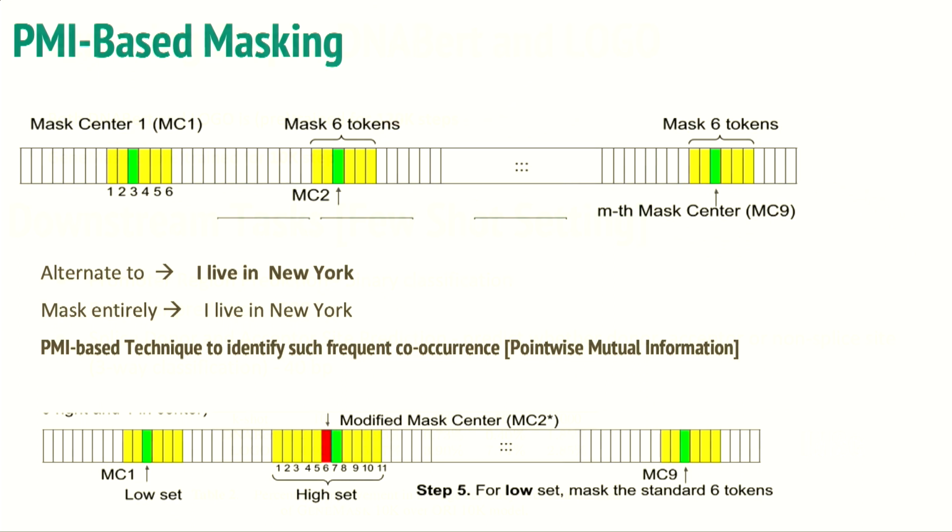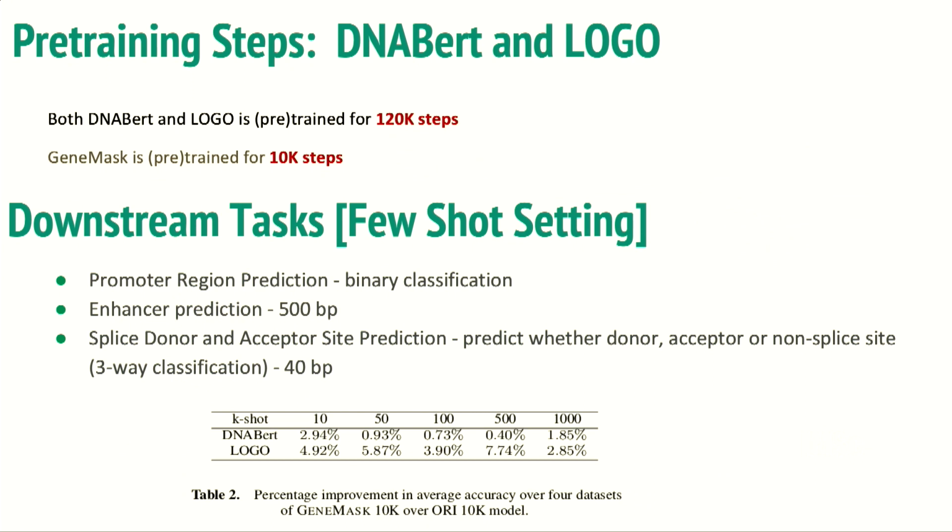This is how you train the system, and as soon as we train this way, there was a system like DNA BART, which was taking 120K steps, and with this simple way of training so that the system learns faster, we have reduced it from 120K to 10K steps. So it reduces by a factor of 12. And the results also hold to a certain extent.